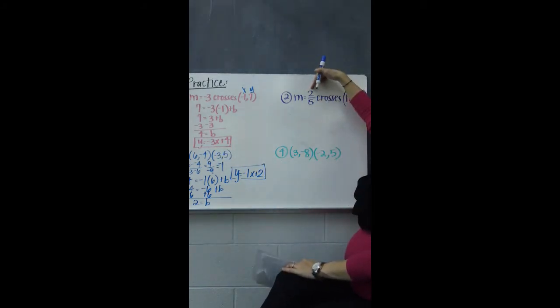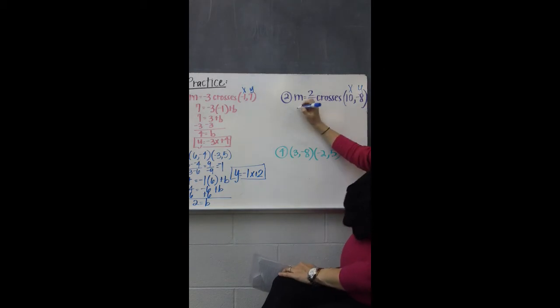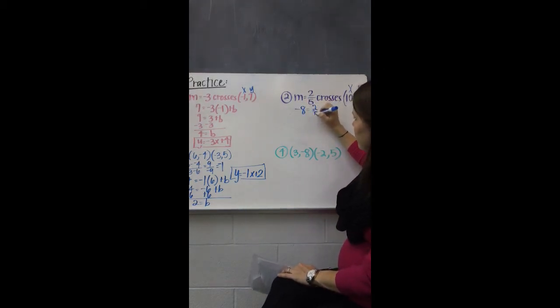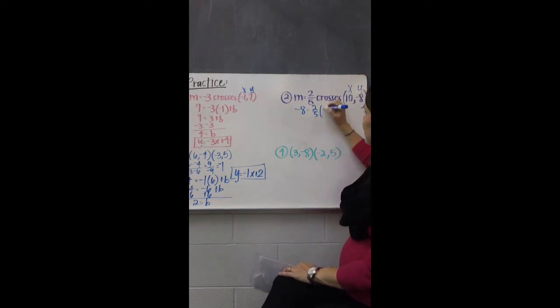So I have slope is 2/5, and it crosses at (10, -8). So I know this is the x, this is the y. So I'm going to plug in -8 for y, 2/5 for my slope, and 10 for my x, and I don't know b.